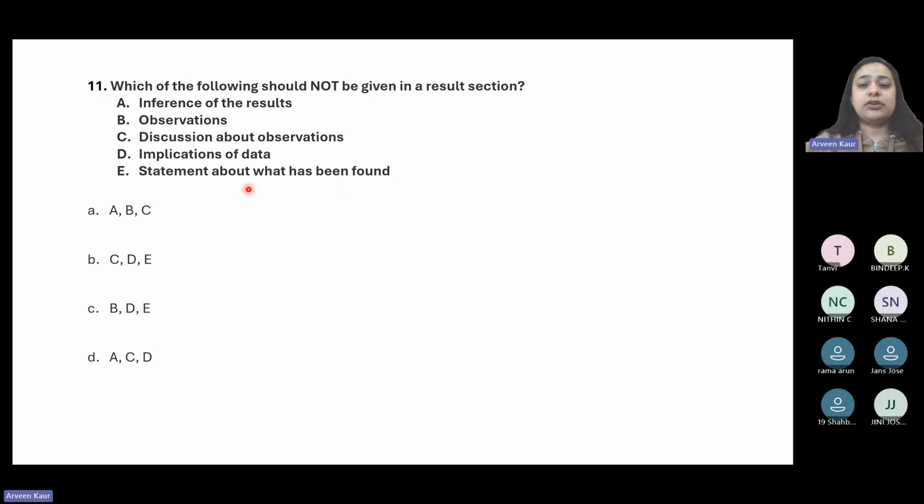Is it A, B, and C, or C, D, and E, or B, D, and E, or A, C, and D? So you can have a look briefly at this question. If you remember last week's discussion, you will be able to answer this correctly.